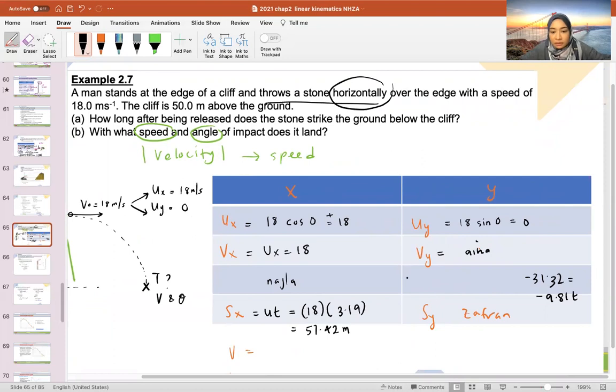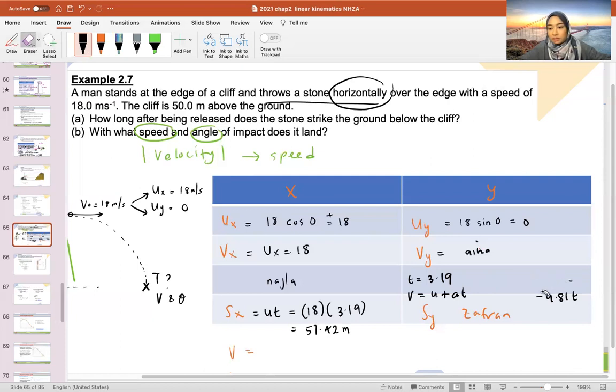Okay, so dapat sama. 3.19. So definitely pakai V equals to U plus AT and substitute V for minus 31.32 and the U is 0 and then minus 9.81 which is the AY and then find out T. Saya nak tulis balik. Okay, thank you Daphne. Minus 31.32.